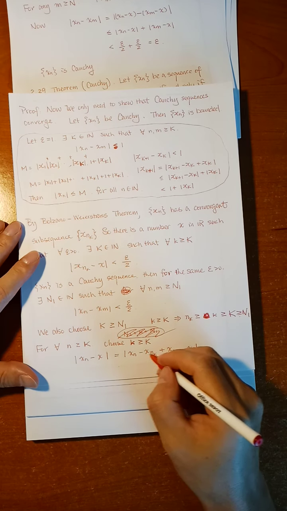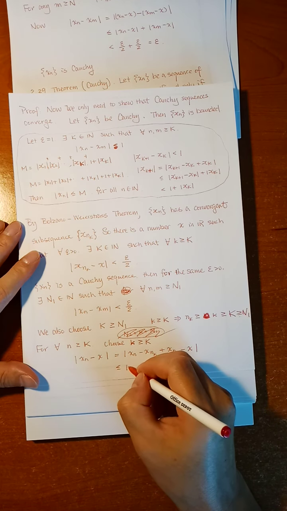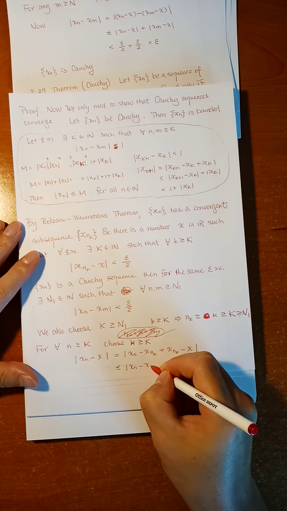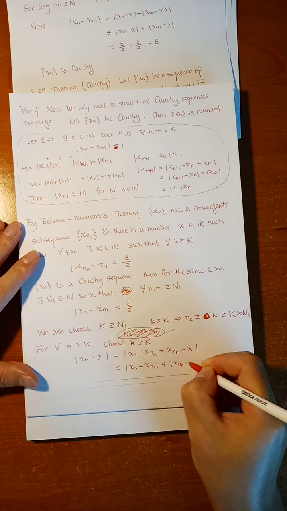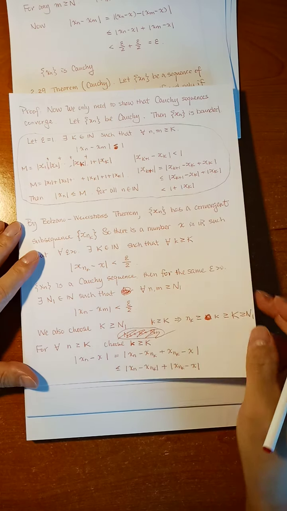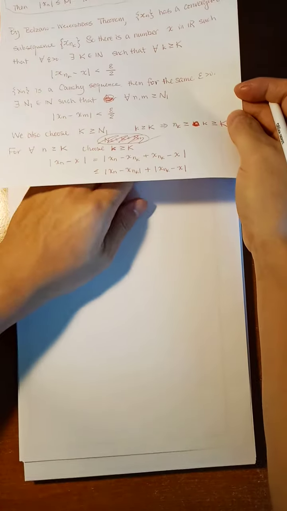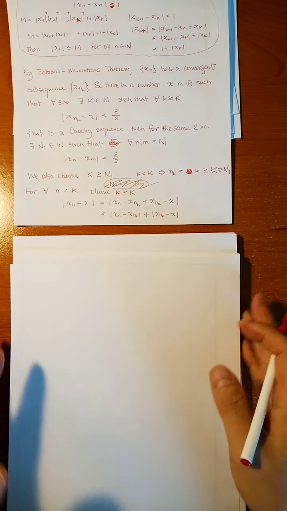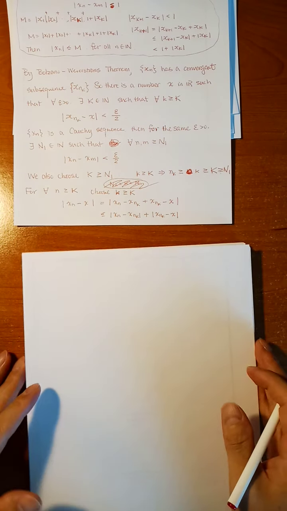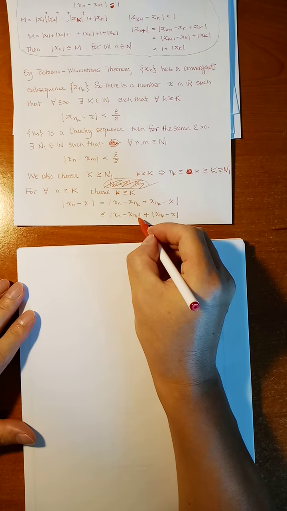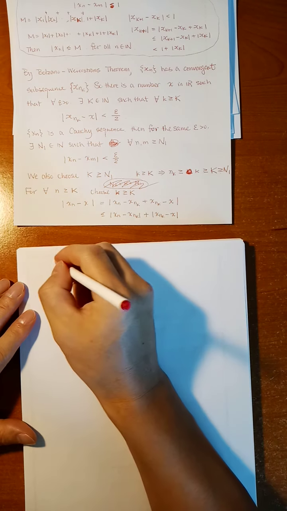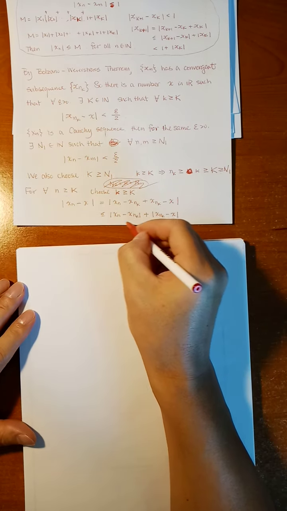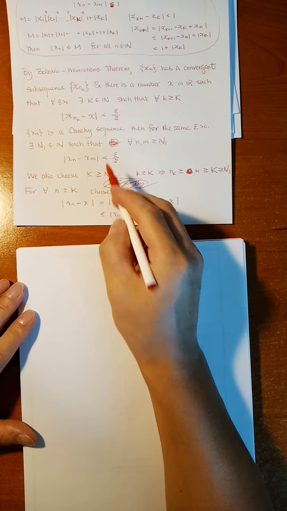Insert a subtraction and addition, and then you try the triangle inequality. All right, and see, nk is greater than k, which is greater than capital K. So you apply the Cauchy condition.